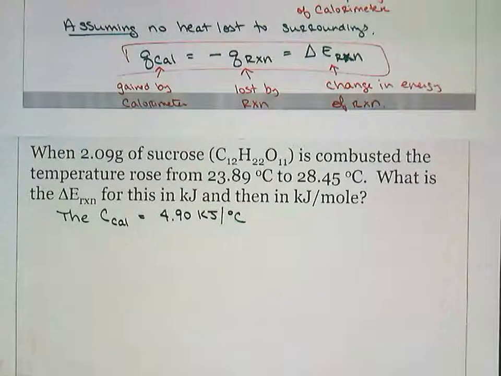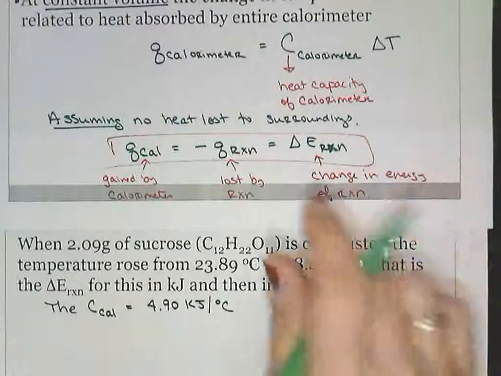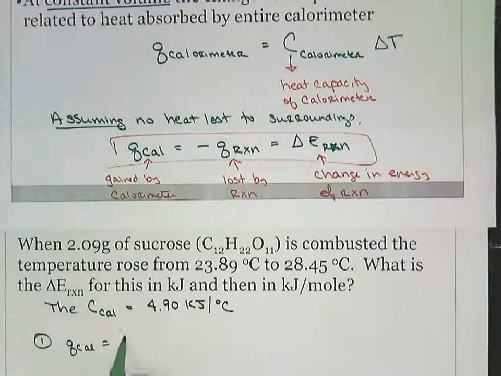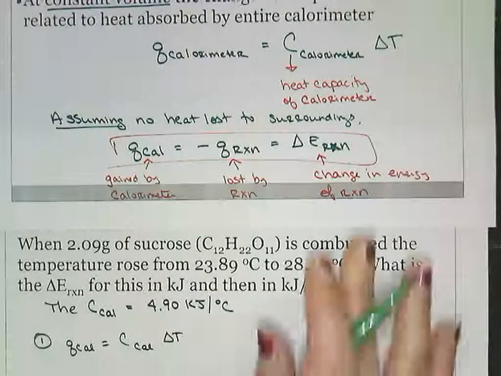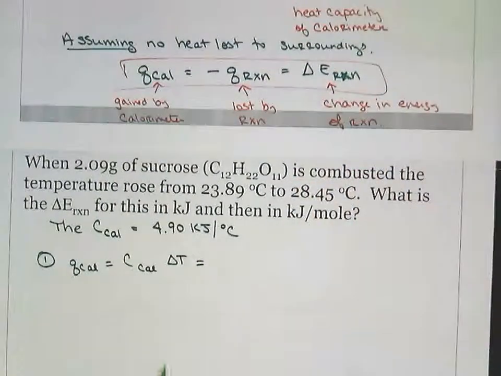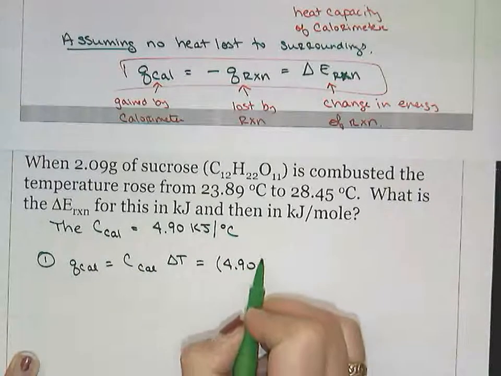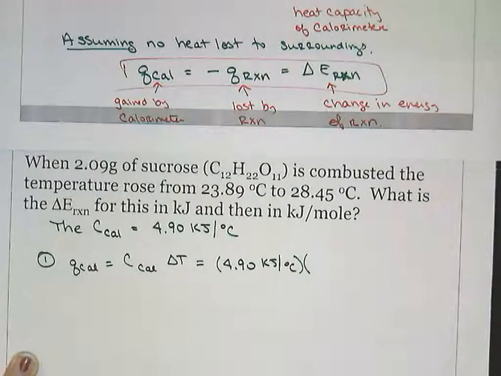And you also need to know the heat capacity of the calorimeter. All right, so first thing we need to do is solve this equation, right? Q equals C delta T. I literally just told you that a second ago, so we'll go ahead and plug that in. How would I go about finding the delta T? 23 minus 28 or 28 minus 23?